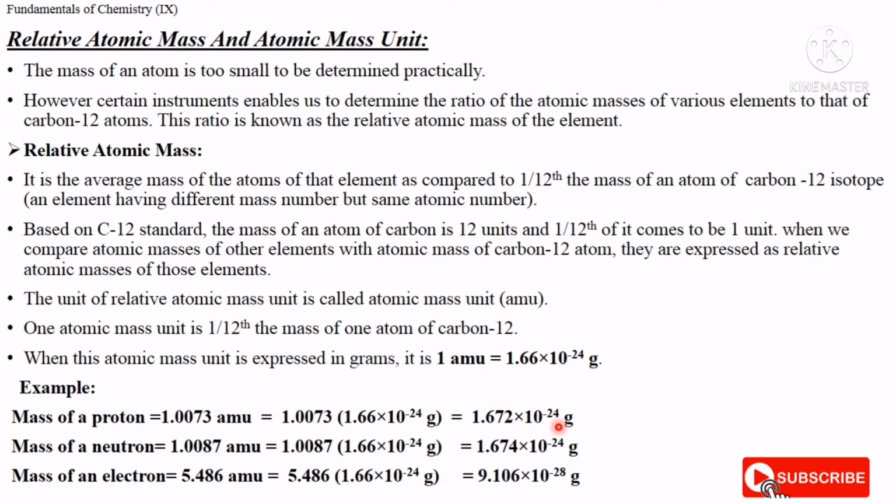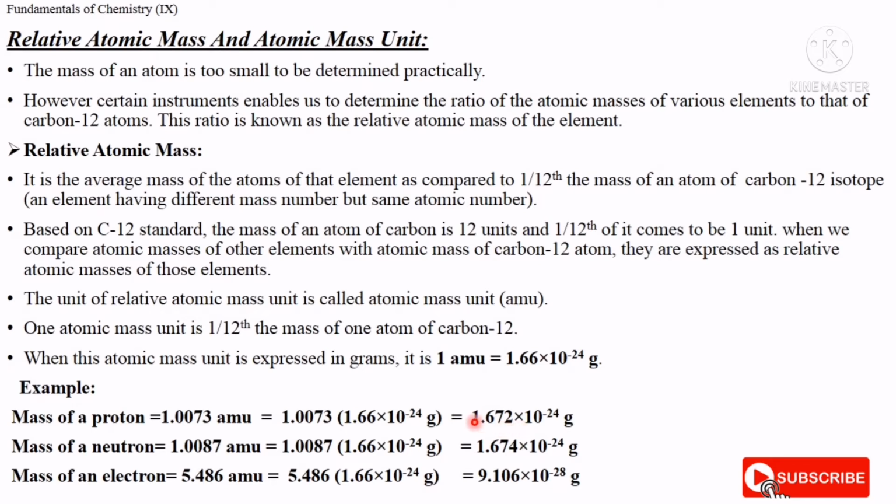How is it possible? Because 1 AMU is equal to 1.66 into 10 raised to power minus 24 gram, as we convert the mass unit from atomic mass unit to gram, we put the value of atomic mass unit here and multiply with 1.0073, and we get the answer in gram.